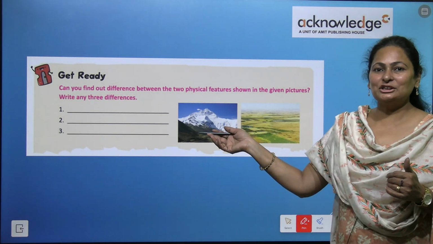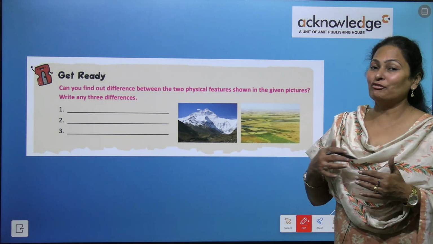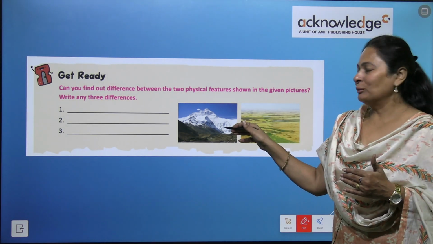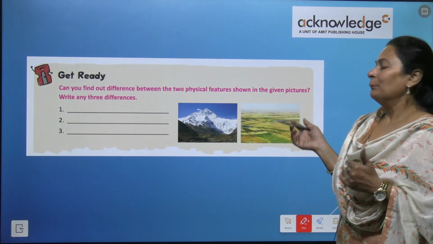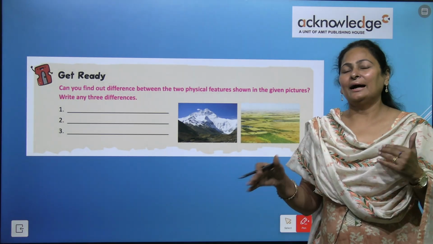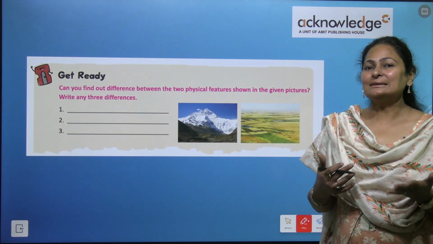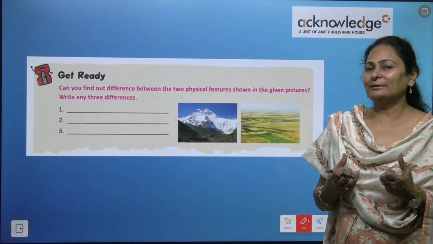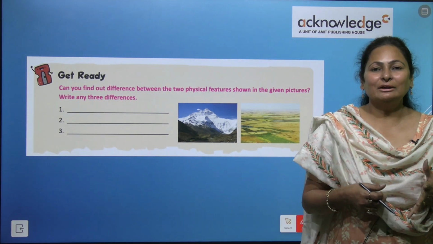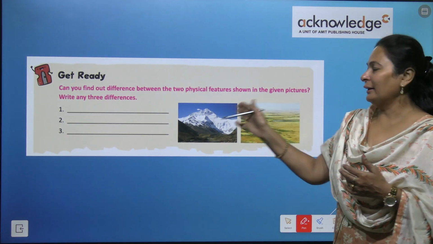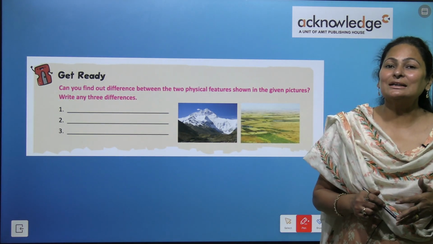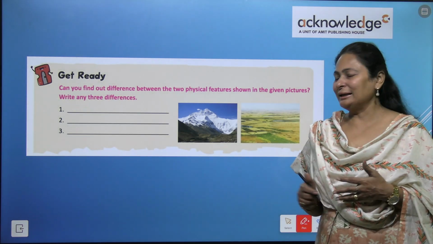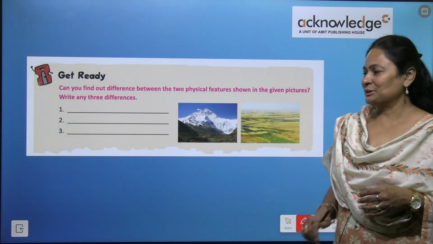The plains are flat land, while mountains are high land and covered with snow. Plains are flat land and there is greenery. Greenery means cultivation is possible here, and on the mountains cultivation is not possible, right? So hope it is clear to you, right?